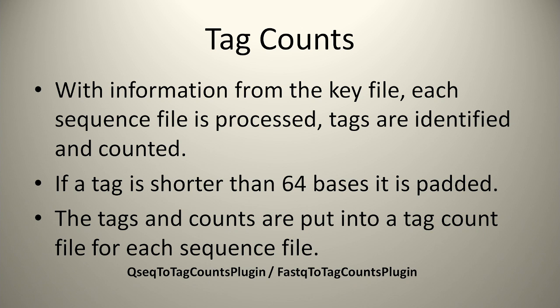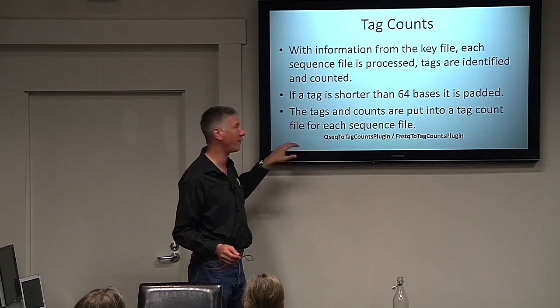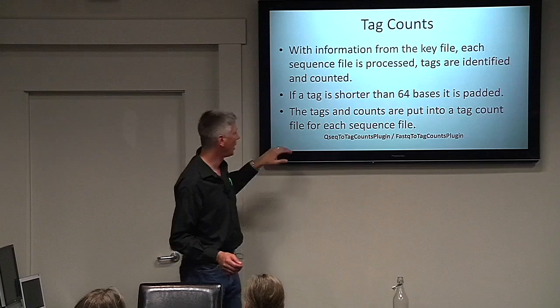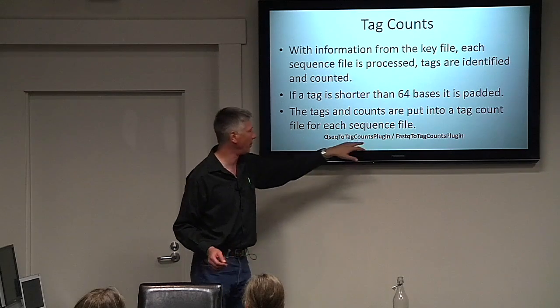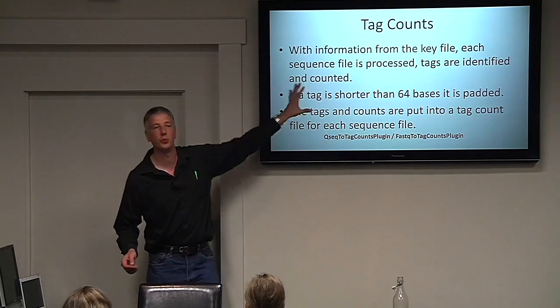If a tag is shorter than 64 base pairs, it's padded with A's, and information about the actual length is kept. At this step, the tags and the counts are put into one tag count file per sequence file. Either the QSeq to tag counts plugin or the FastQ to tag counts plugin in Tassel 3 will do this job.